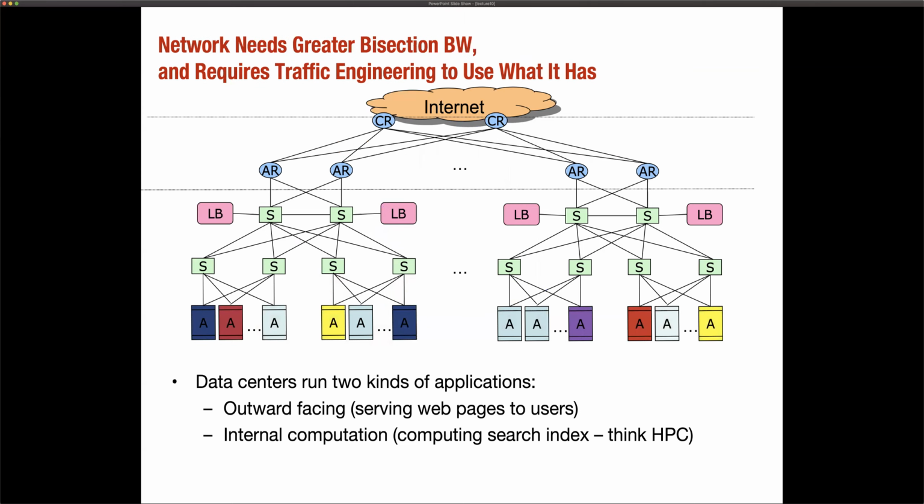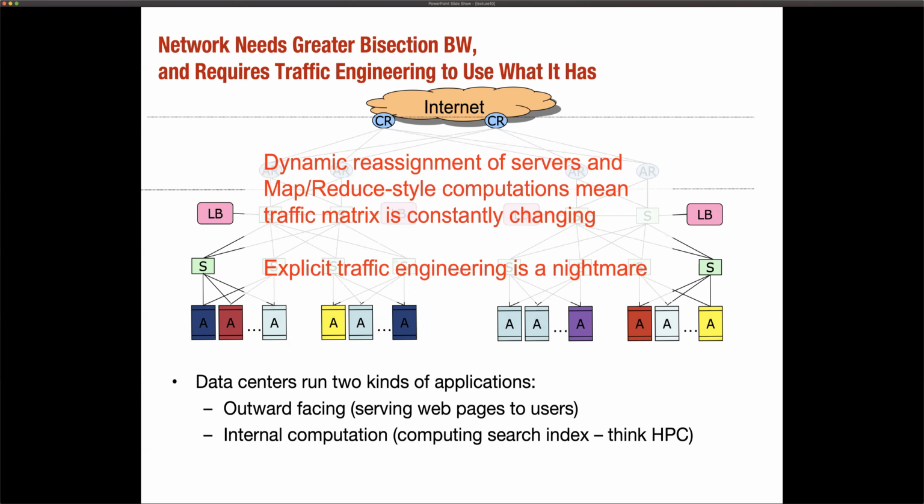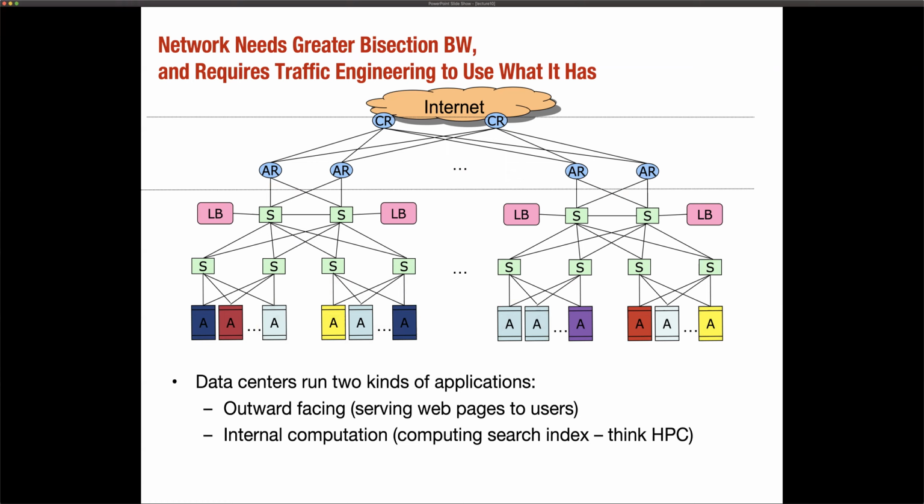So in general, networks need a greater bisection bandwidth, right? And they currently require traffic engineering to use what they have. When we say that they require a greater bisection bandwidth, it means that if they're trying to communicate with servers in a different layer 2 pool, then we need really high bandwidth at the top of the hierarchy to enable that type of communication.